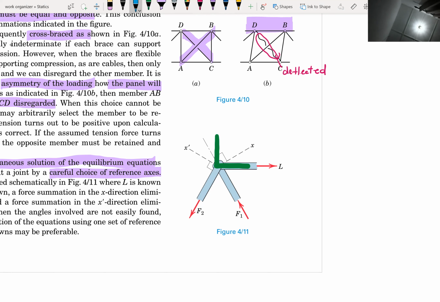So we have L here, and for this one, it becomes this way and this way, upward and to the left, and this one downward and to the left. We don't know the value, so we have four unknowns. So choose the reference axis wisely.